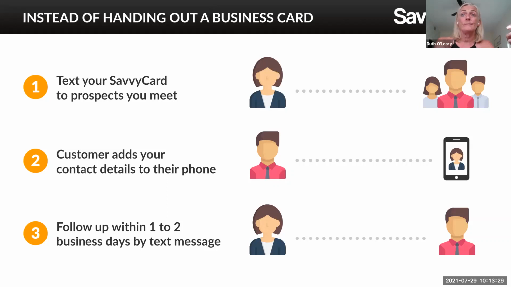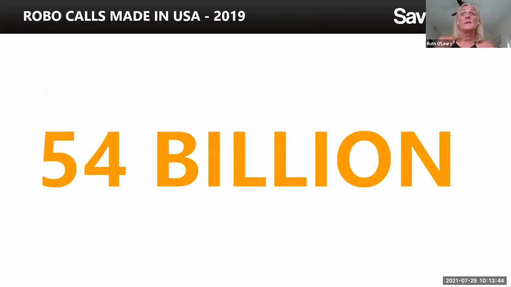And that's a win. And I'm going to tell you why that's a win on the next slide. And then we encourage you to follow up by text message, not by calling, but by texting within 1 to 2 business days. So why is it a win that somebody adds your details to their phone contacts?